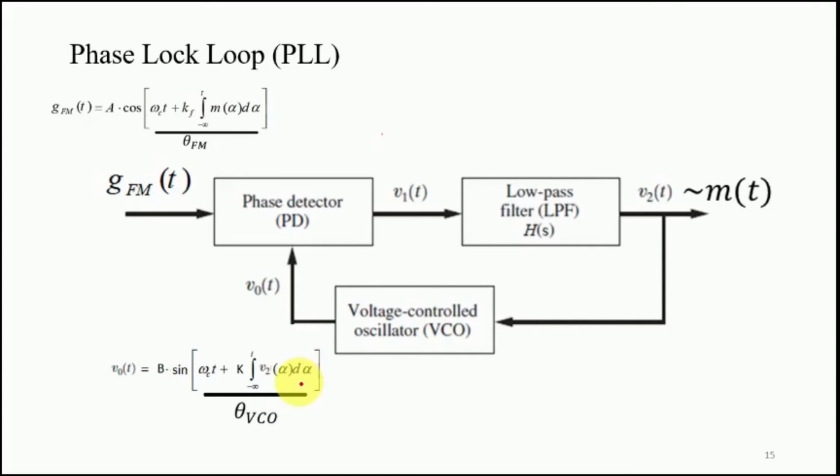Note that there are some parameters which are changed. Initially, the constant amplitude of the modulated signal that a PLL receives is simply A, whereas the constant amplitude that the VCO produces is B. Both A and B are not dependent on time. Moreover, we have a cos function at the input, whereas the output of the VCO is giving a sine function.